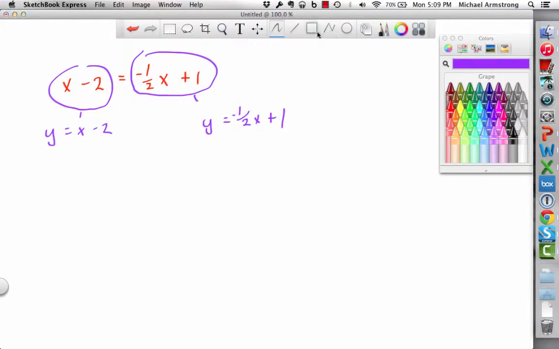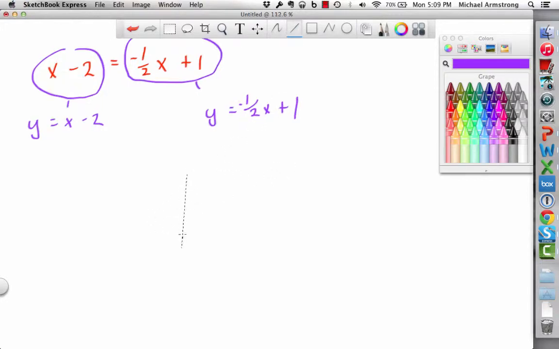All right, so we're just gonna take our little graph paper here and make a graph. So y is equal to x minus 2. We have this in slope-intercept form. The slope is 1 over 1, and the y-intercept is negative 2.